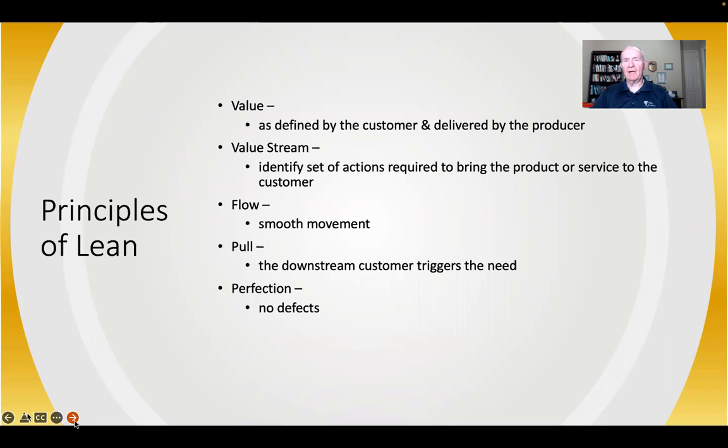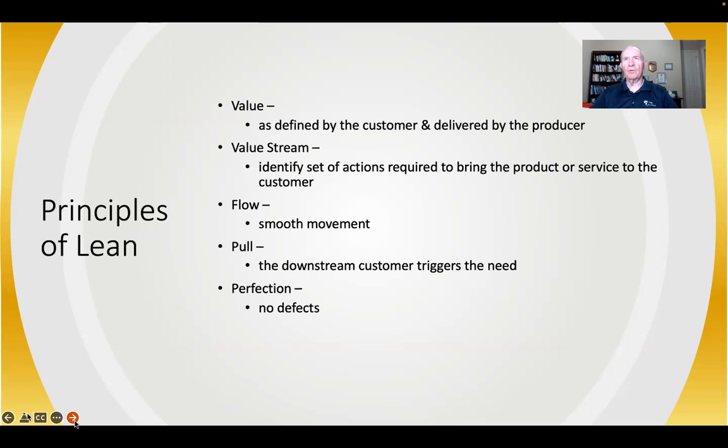The value stream is the set of actions or the tasks that occur that go through the entire process. The flow is the idea of how smooth the workflow is from point A, an example would be the patient coming to the office, checking in, all the way through seeing the provider, and then going to checkout. How smooth is that process? And in doing that process, is there something called pull or push?